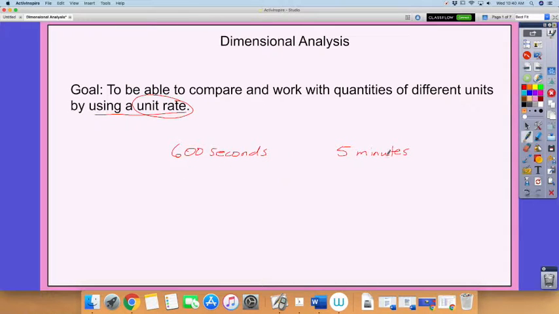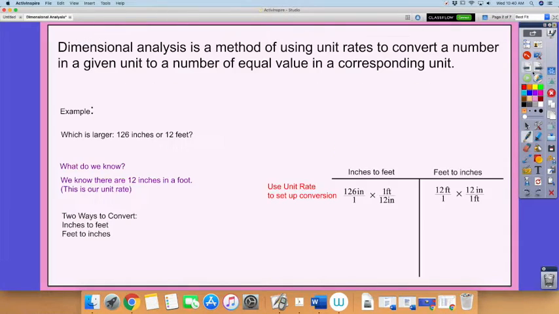We could also go backwards and turn minutes into seconds so that we can compare. So we're not really changing the value of the quantity we're working with, we're just changing the unit and scaling it appropriately using unit rates. So let's get started.